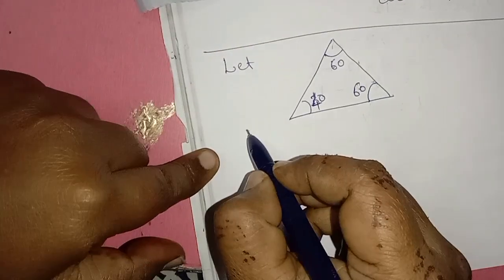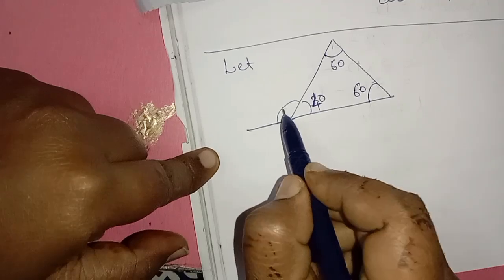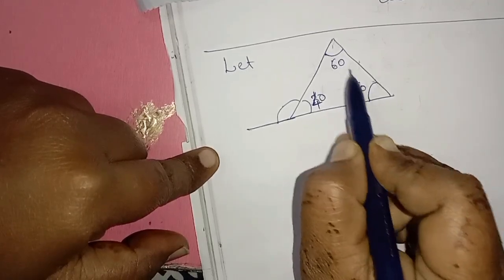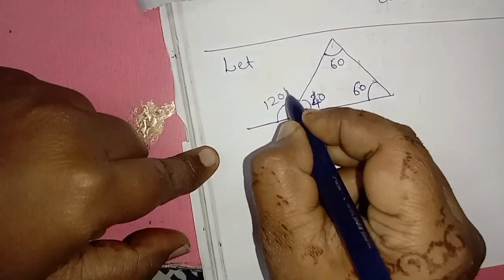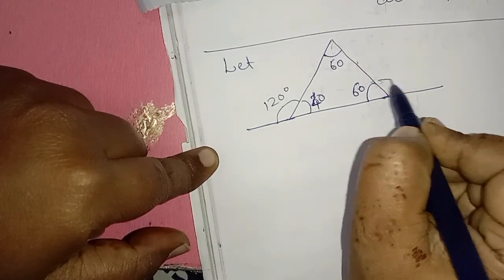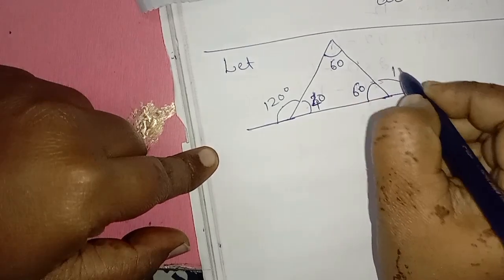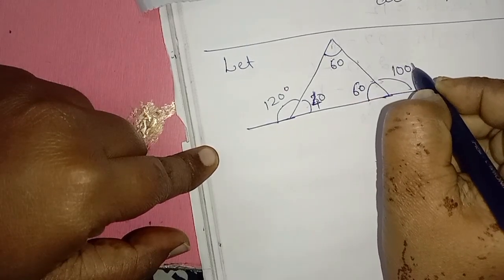Right? So now how much will you get for the exterior angle? This exterior angle equals to the sum of opposite angles. How much is it? 120 degrees. Here this exterior angle is the sum of opposite angles, 60 plus 40, 100 degrees.